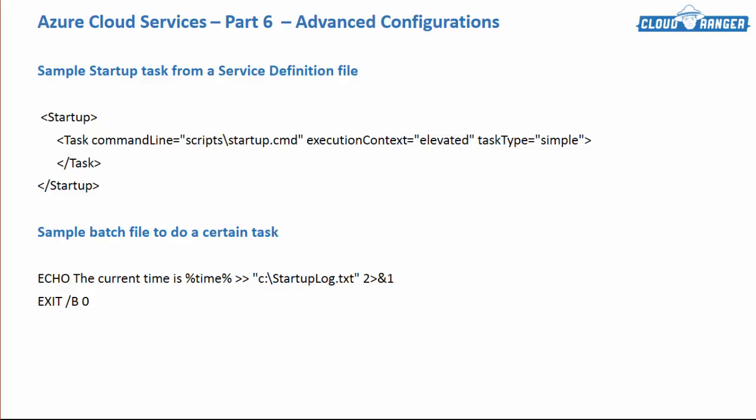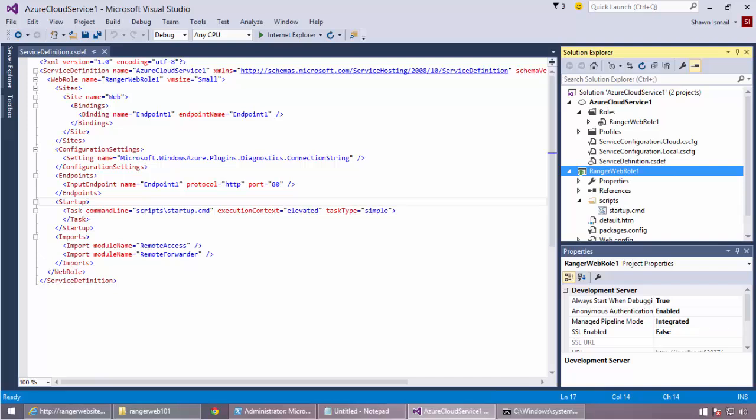I have a sample batch file here where all I'm doing is taking the current time and logging it to startuplog.txt. Every time the role starts, it logs to that file, so I can see whenever the role was restarted or started itself. That's how you do it. It's pretty simple. So let's go to our client machine and try to get this task up and running and see what it can do.